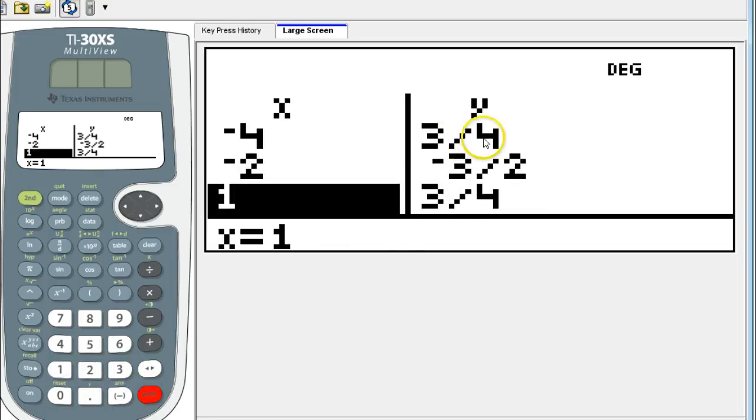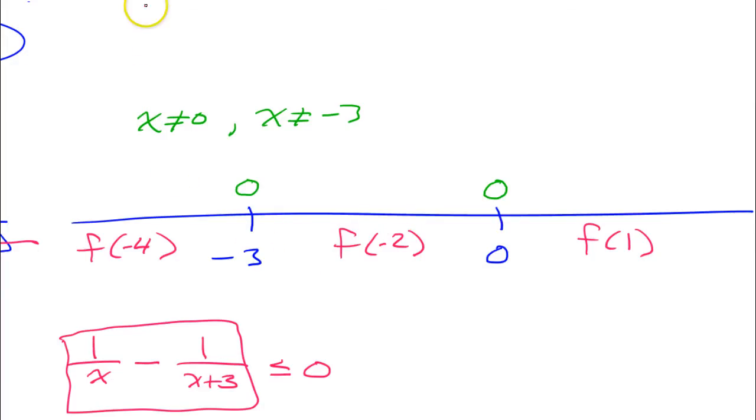So I get 3/4, -3/2, and 3/4. Now in this form, we are comparing with 0. Is this less than 0? Is this less than 0? Is this less than 0?